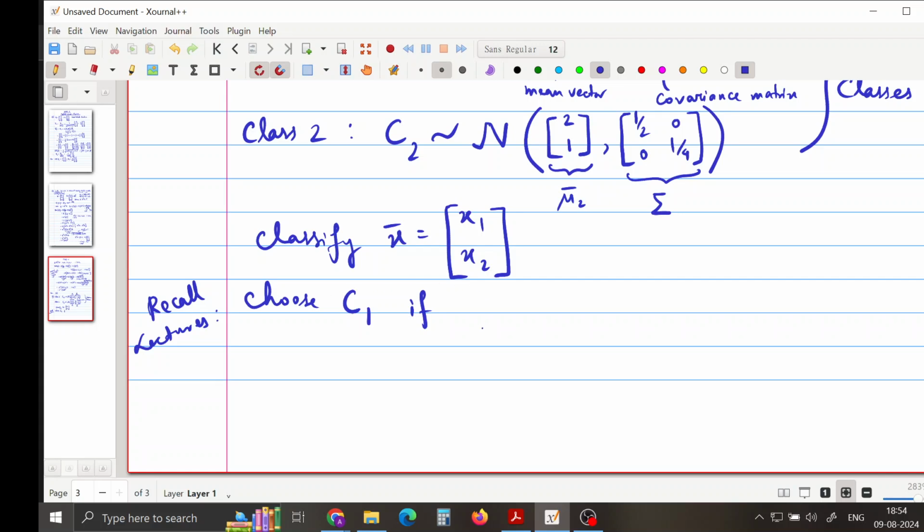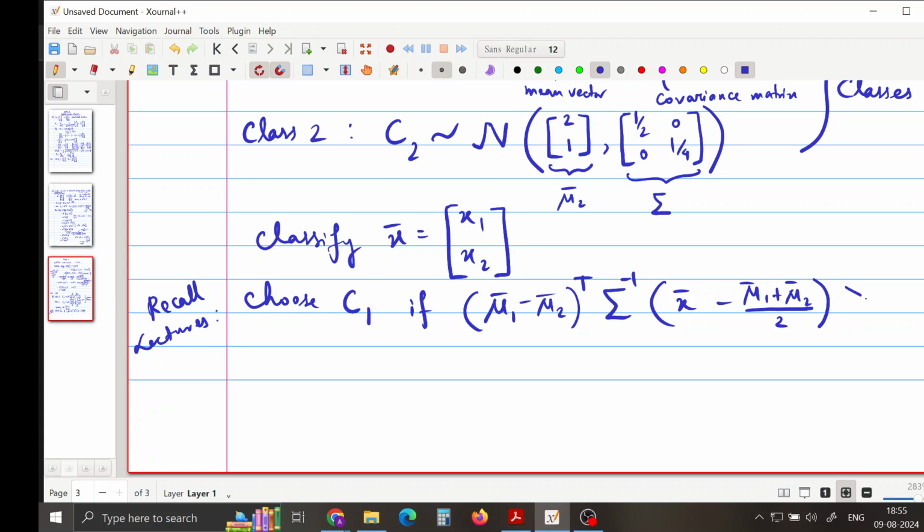It was like this: choose C1 if mu1 bar minus mu2 bar transpose sigma inverse x bar minus the midpoint of mu1 bar and mu2 bar, which is simply their mean, mu1 plus mu2 by 2, right?